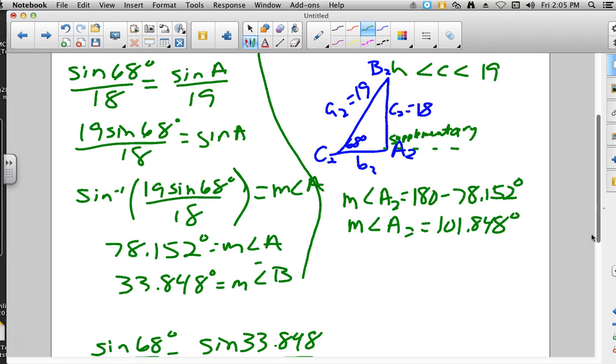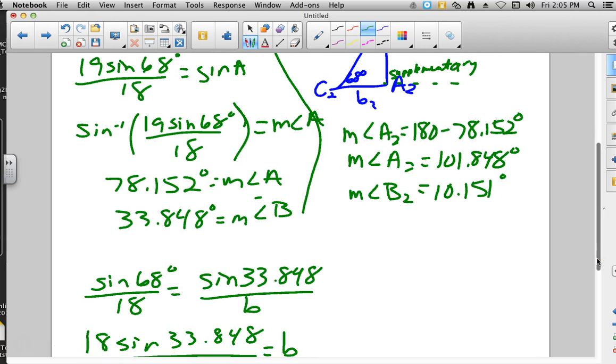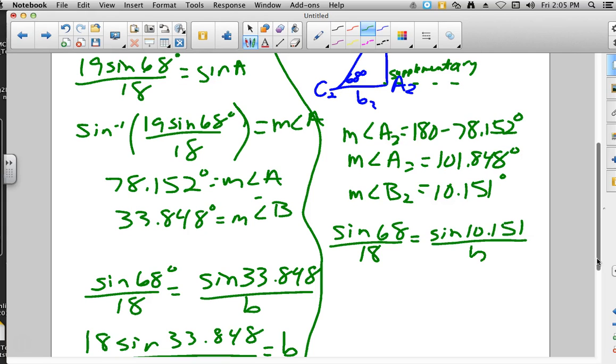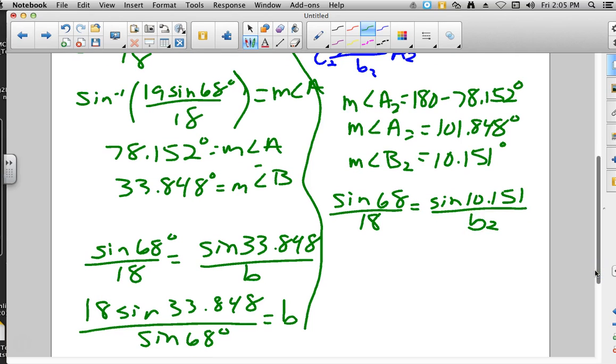That makes the measure of angle A sub 2 101.848 degrees. Once we have that, every triangle has 180 degrees, so we'll go back and say, all right, let's find the measure of angle B sub 2. I've got 180 minus 68 minus 101.848, and that's going to be 10.151 degrees. And now we're on a roll, so the sine of 68 over 18, again that's our staple because that was information that was given, equals the sine of 10.151 over little side b sub 2.